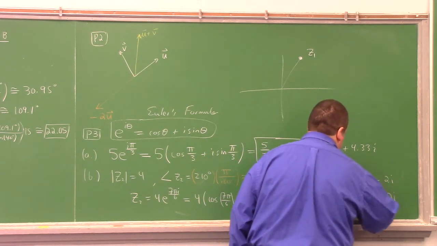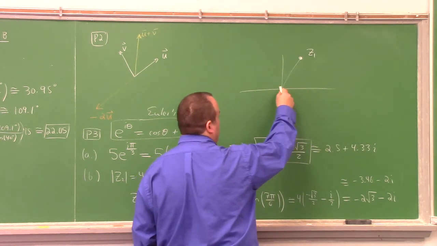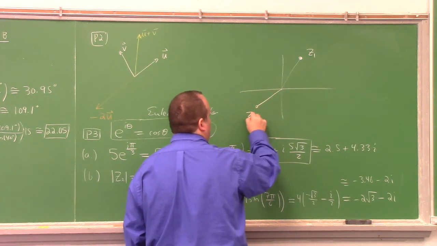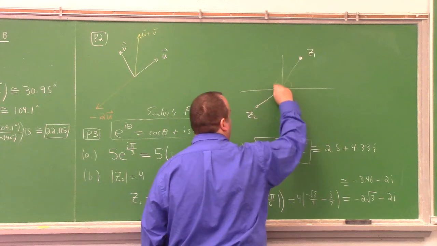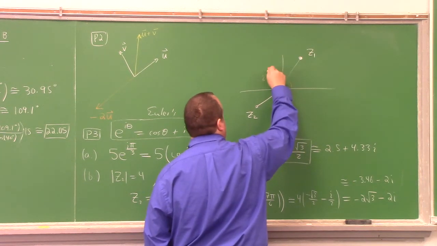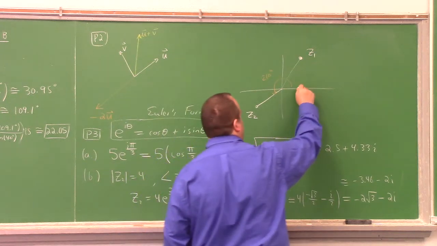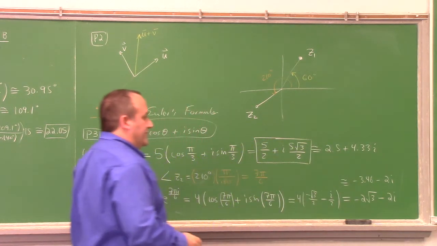So I find decimals are helpful when I'm graphing, because you have it in a grid, so it's about here-ish, right? Which makes sense, right? Because this is 210 degrees, whereas that is 60 degrees, also known as pi over 3.